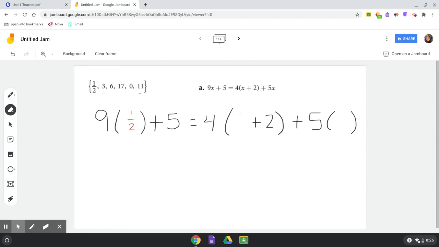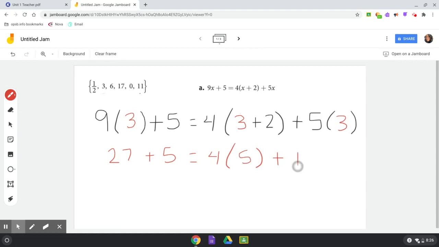Let's erase 1/2 and let's substitute in 3, our next number in our set. Substitute in 3 for x. When I simplify this, 9 times 3 is 27 plus 5 equals 4 times, what's 3 plus 2? 3 plus 2 is 5.